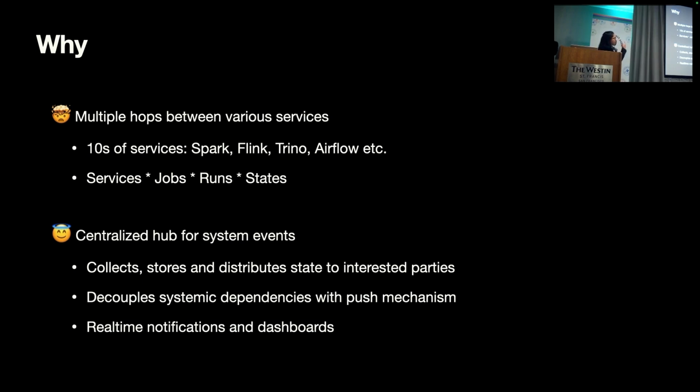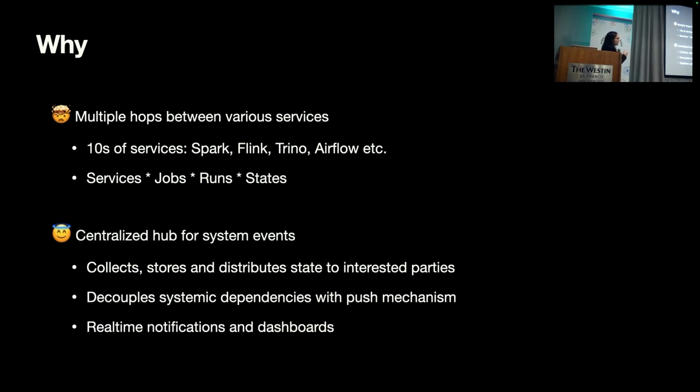Managing these services and runs can really get complex. So, can we reduce the number of hops a user has to take to manage these runs? That is what Event Service is trying to address by providing a centralized hub for system events. It provides a single pane of view for users to track states across services. It collects, stores, and distributes events to the interested parties.